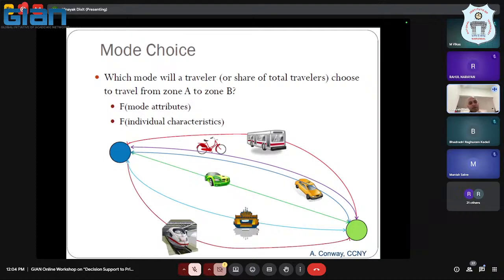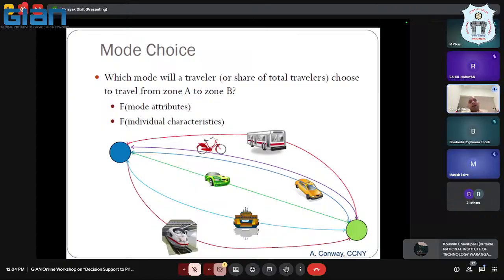Then there are individual characteristics. What is their income? What is their age? Where do they live? How far do they want to travel? Household. A lot of people ask. I used to travel a lot using public transport, but of late I'm having to use my car, and a lot of that has to do with the fact that I need to drop my children to school, go to work, then pick them up and bring them back, and I can't do that very conveniently in Sydney, at least right now.